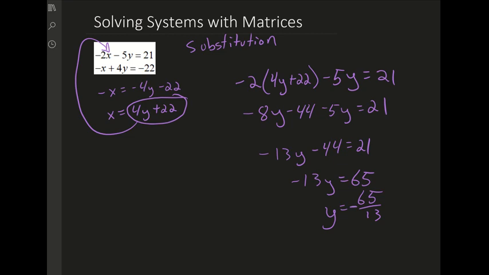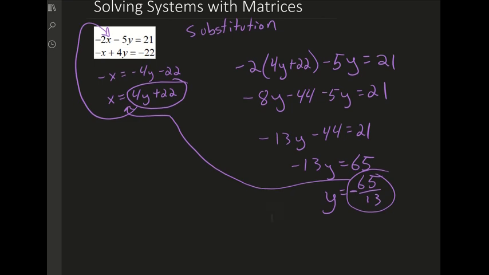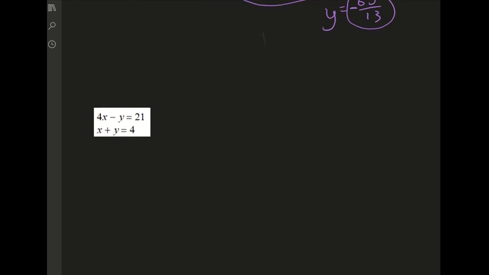Okay, so then what we would do to solve for x is take this y value, substitute it in to this equation, and we'd end up with our x value and our y value. We're not going to do that for now. I trust that you can do that.